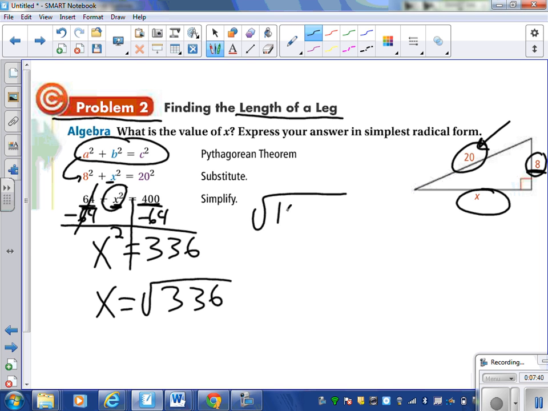So 16 times 21 is 336. Then we take a look at the numbers inside the square root. 16 is a perfect square, so that would come out and become 4 square root 21. So the length of your triangle is going to equal 4 square root 21.